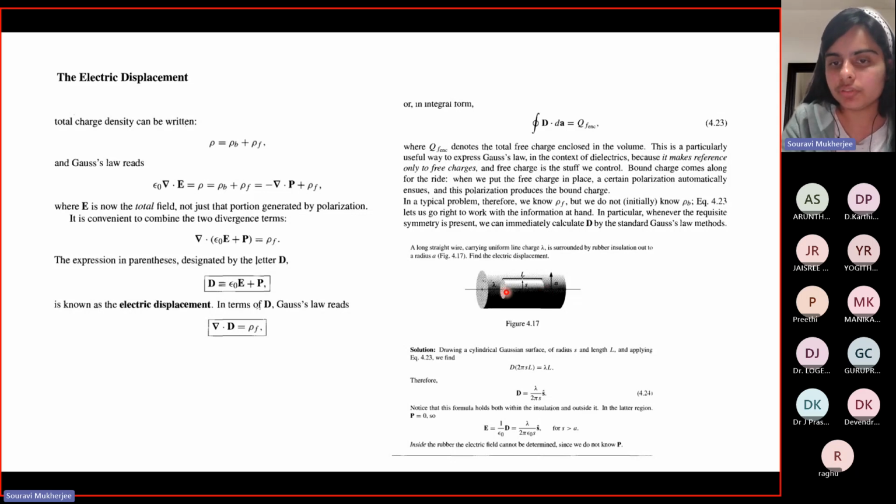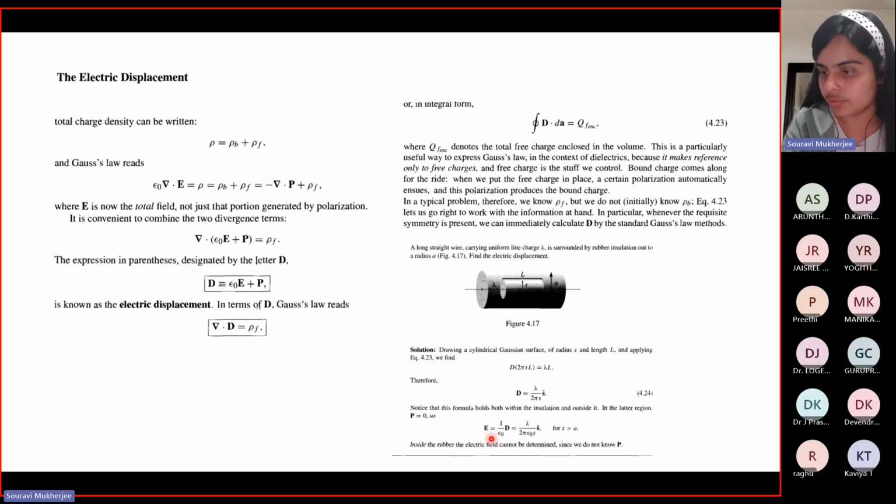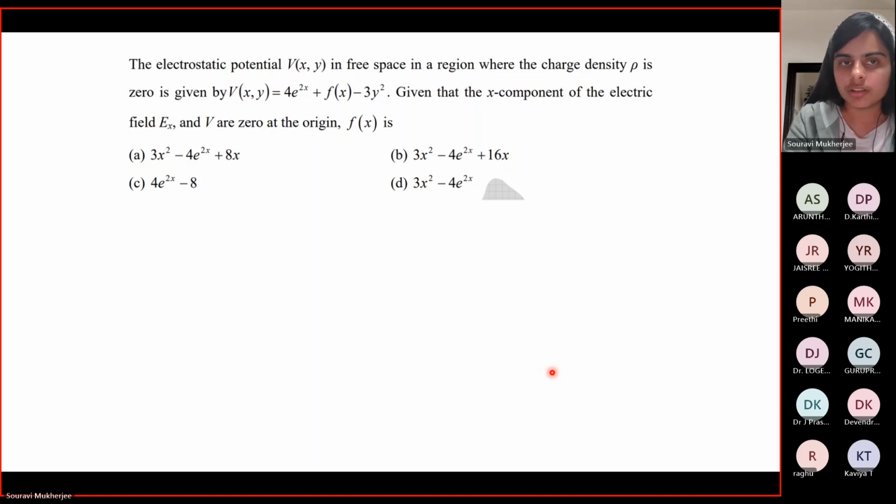If the length of your cylinder is known, you can consider the same thing, and because you know the electric field, you can just do a surface integral with the values. Once you do that, you'll find that the charge enclosed is nothing but lambda into L, given your L. Okay.